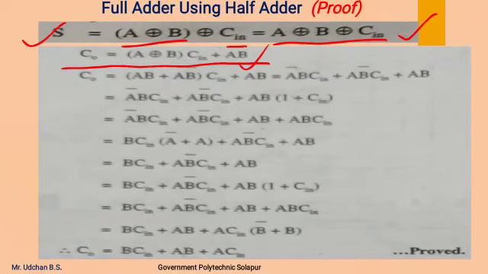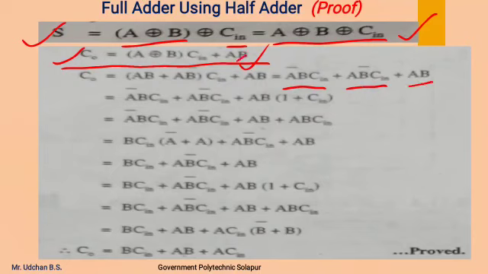By adding these two, we get this equation. Here a multiplication is done. C in is multiplied with A bar B and A B bar. So A bar B C in plus A B bar C in, and this AB is written as it is, AB.